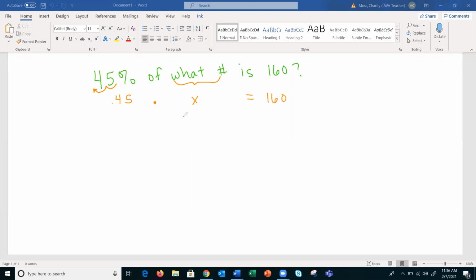I'm going to rewrite this a little differently so you can see how it would normally be written. We normally don't have the multiplication symbol between a coefficient and the variable. So 0.45x equals 160, and then you divide both sides by that coefficient, the number in front of x. I should be slow enough for you to go to your calculators as well.